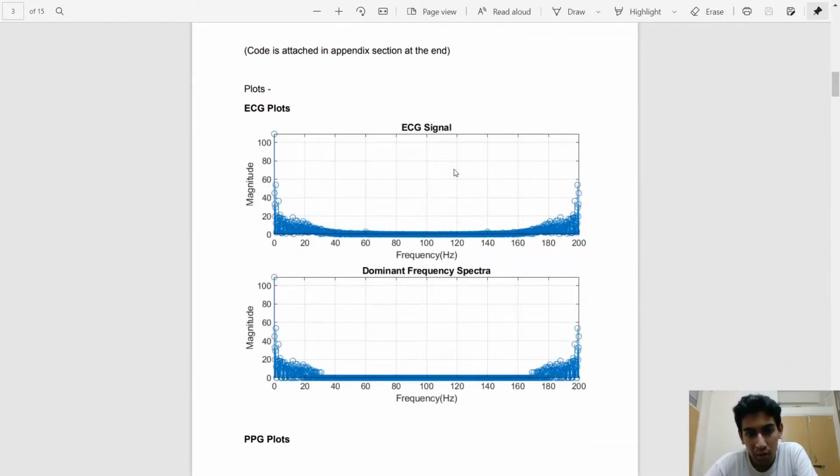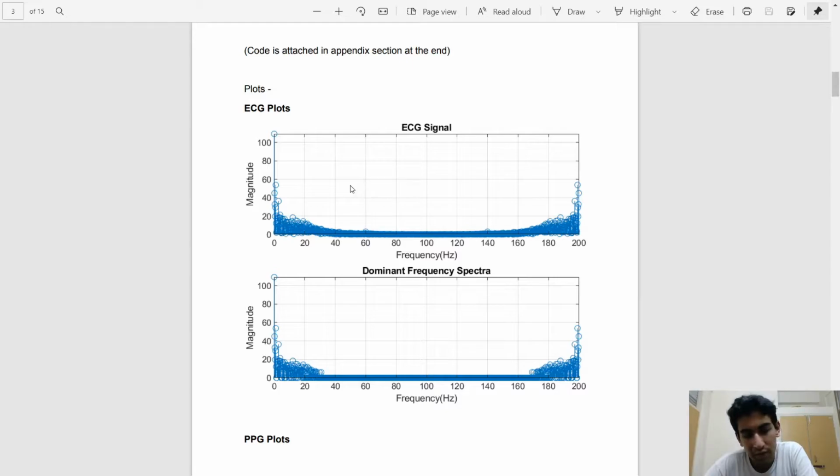So in the first part, we've got an ECG signal, and we use the discrete Fourier transform equation to calculate its frequency spectrum. As you can see from the figure, the waveform was sampled at 200 Hz, and because the DFT is periodic, we will see that this spectrum repeats after every 200 Hz.